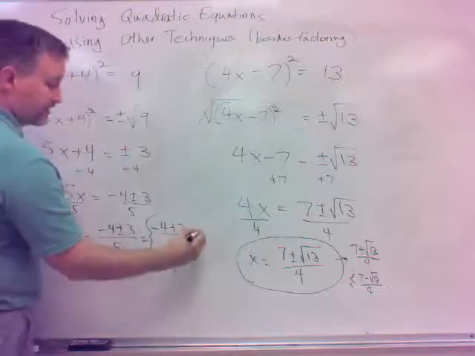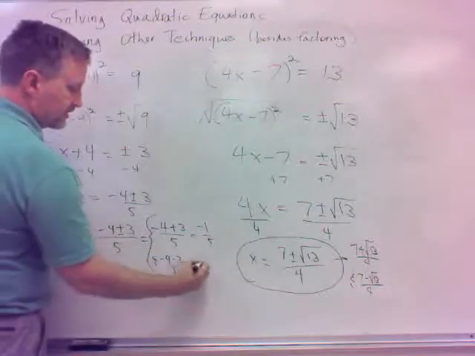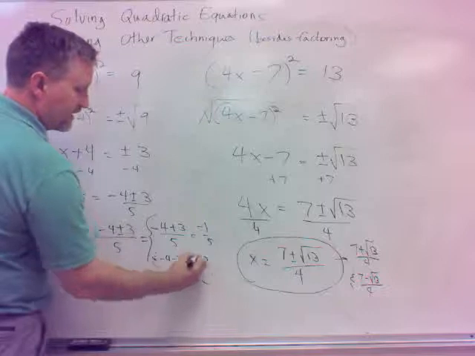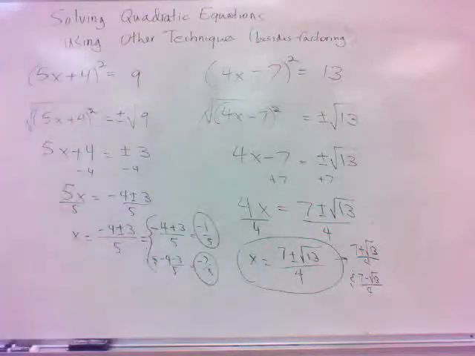Negative 4 plus 3, that gives me negative 1 over 5. Negative 4 minus 3 gives me negative 7 over 5. So that one works down to just some nicer fractions than we've had previously there. Okay?